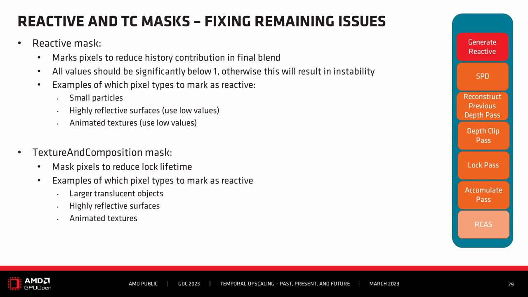This is very helpful for small particles, highly reflective surfaces, and animated textures. The texture and composition mask is a mask that will reduce the lifetime of locks. So this can be used for larger translucent objects, also for reflections and animated textures.